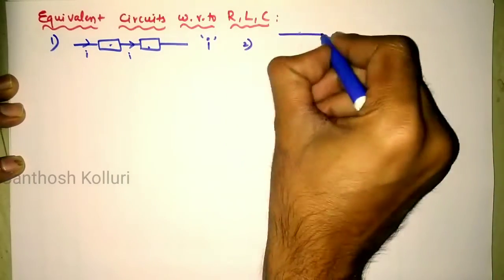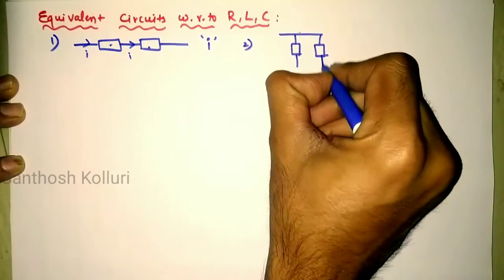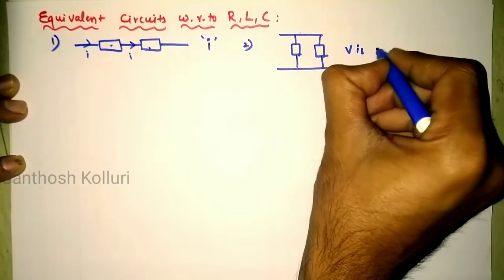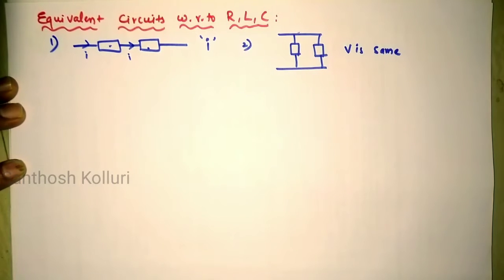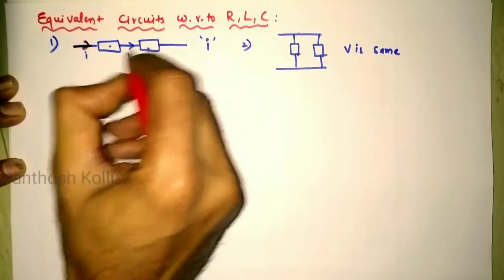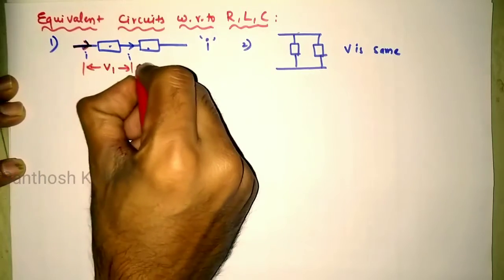And the second one is when two elements are connected in parallel, the voltage is the same across the two elements. What is the meaning? When two elements are connected in series, the current flowing through the elements is the same, but the voltage will be different based on their values.